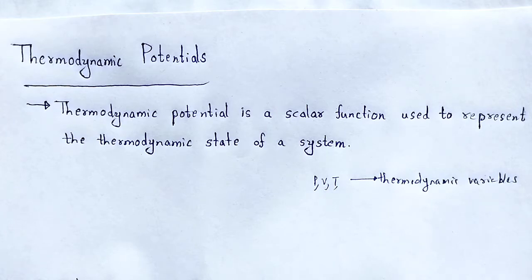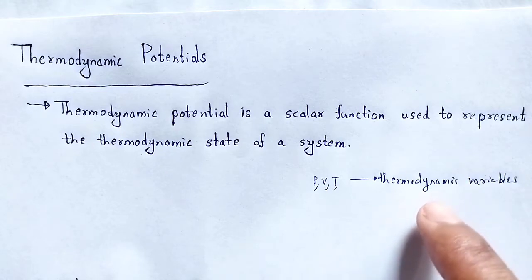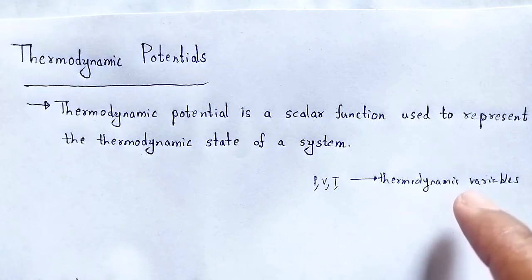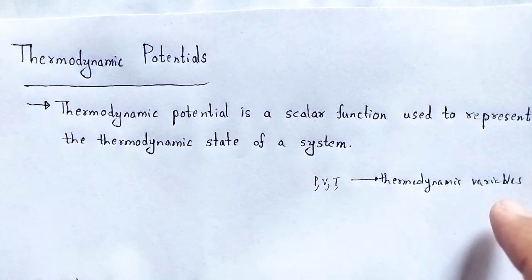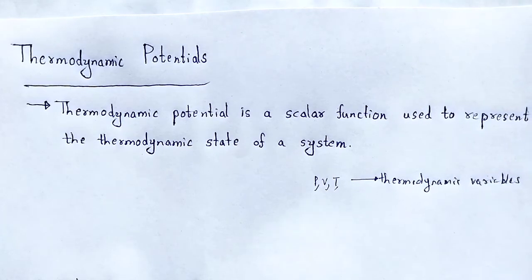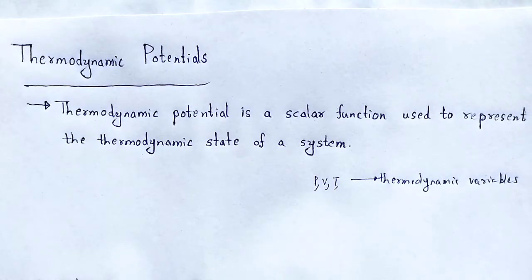Knowing these thermodynamic coordinates, we can easily study the laws that govern the conversion of energy from one form to another, and we can obtain the direction in which heat will flow, and we can also study the availability of energy to do work.